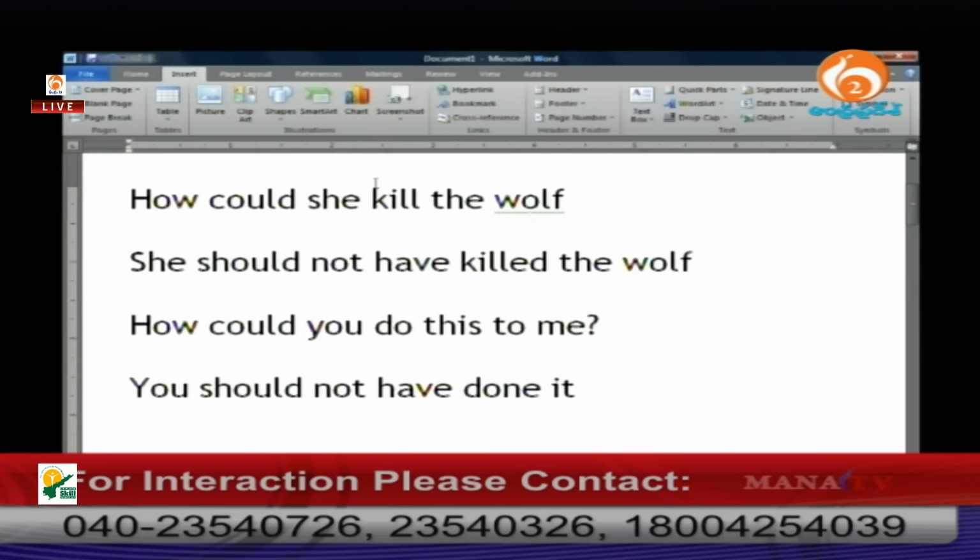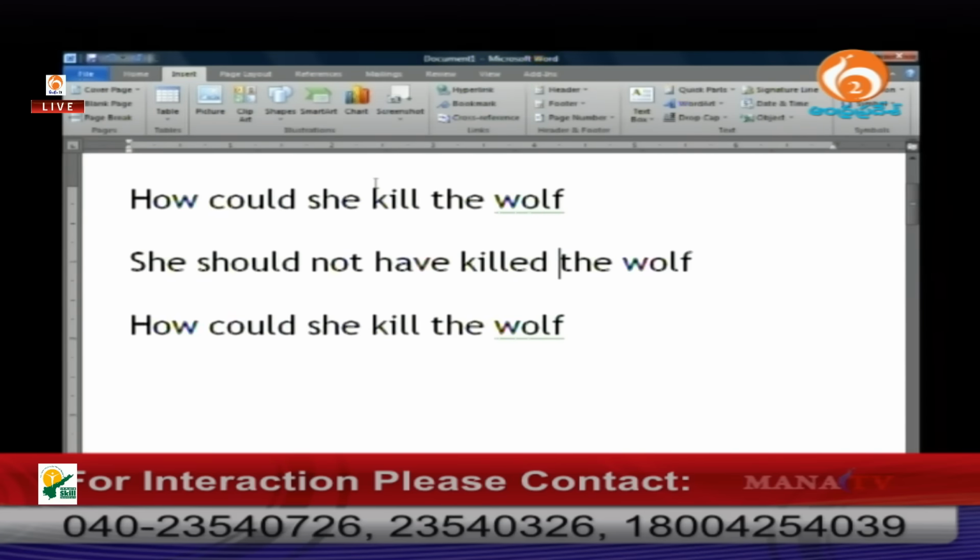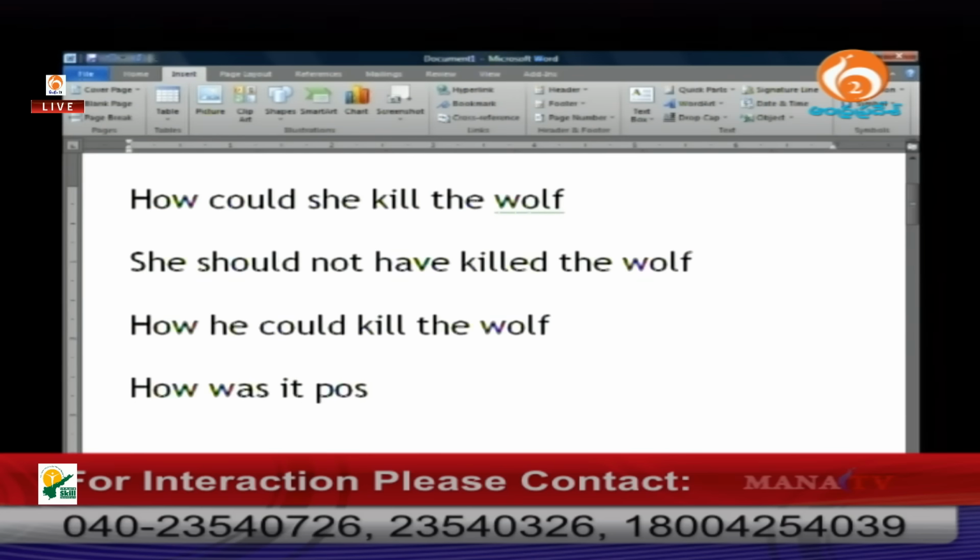Okay. So if I change this entire statement or word order, instead of how could she kill, I basically change it. How she could kill the wolf means how was it possible.